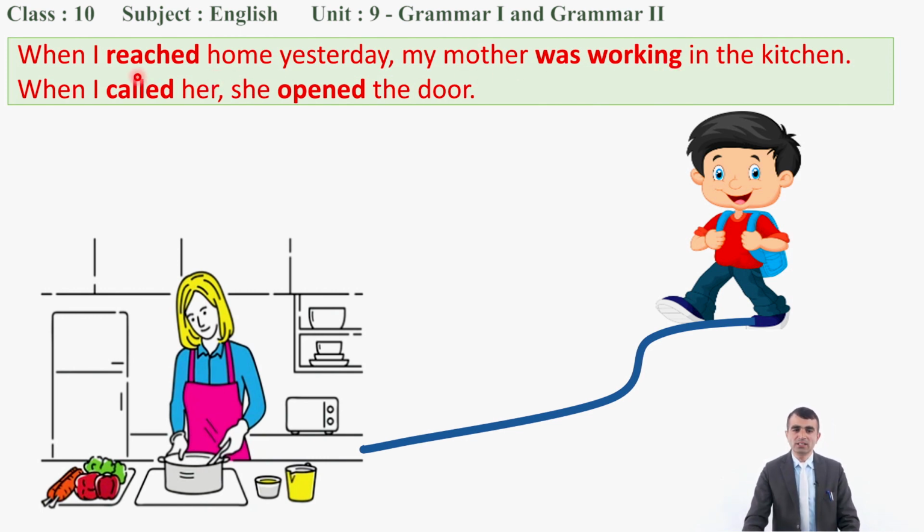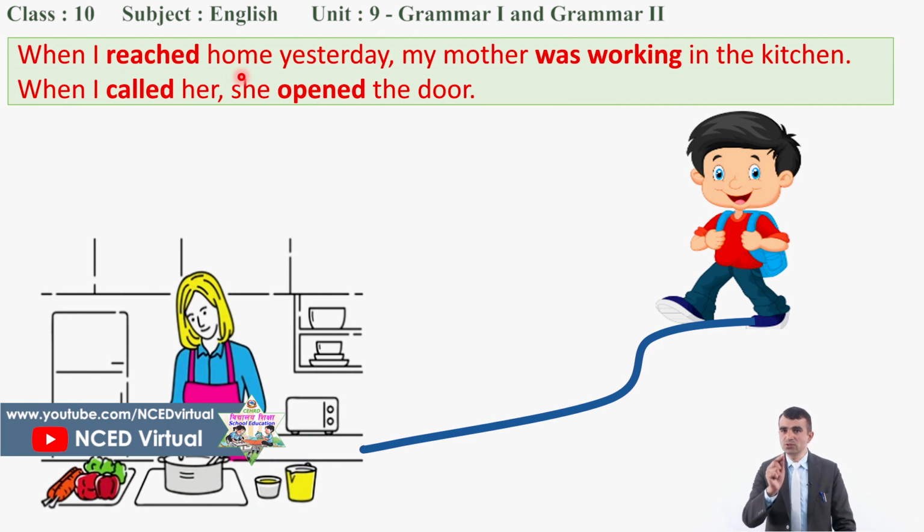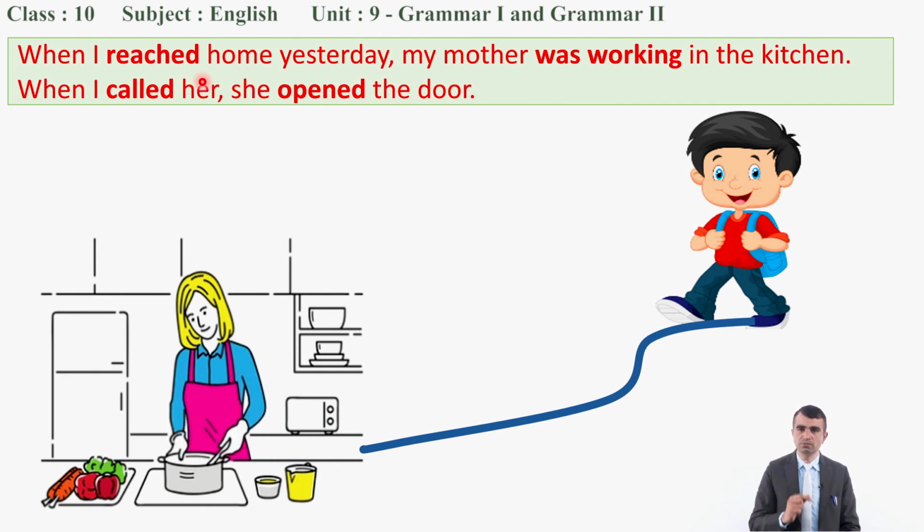So we can say event and circumstance, or event and setting or situation. And here look at the tense used in the sentence: When I reached home yesterday, my mother was working in the kitchen.